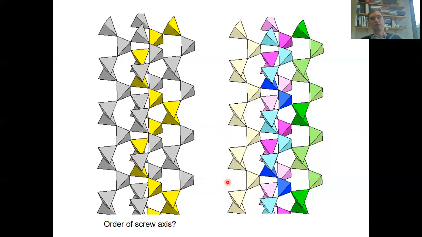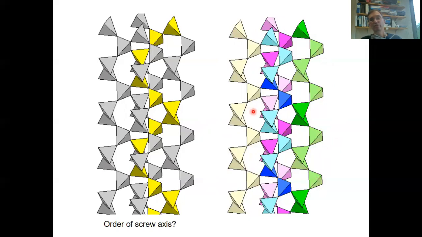Okay, so now one and the same tetrahedron belongs both to a 3-fold as well as to a 6-fold screw axis, and this is actually shown here.